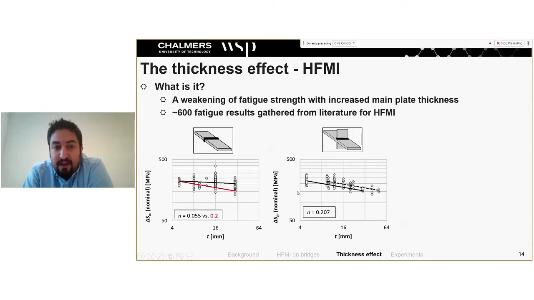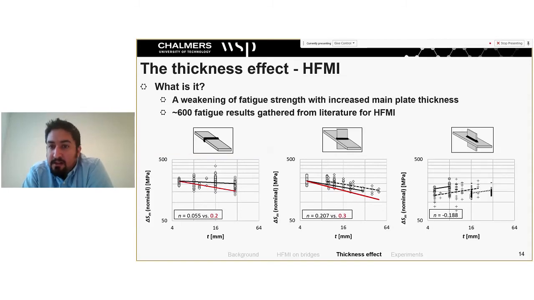For this type of detail, we can compare to non-treated and see that, okay, there is a thickness effect, but it becomes actually weaker. And then this is the last detail I investigated, and surprisingly, there is no thickness effect. Actually, there is a reverse thickness effect.